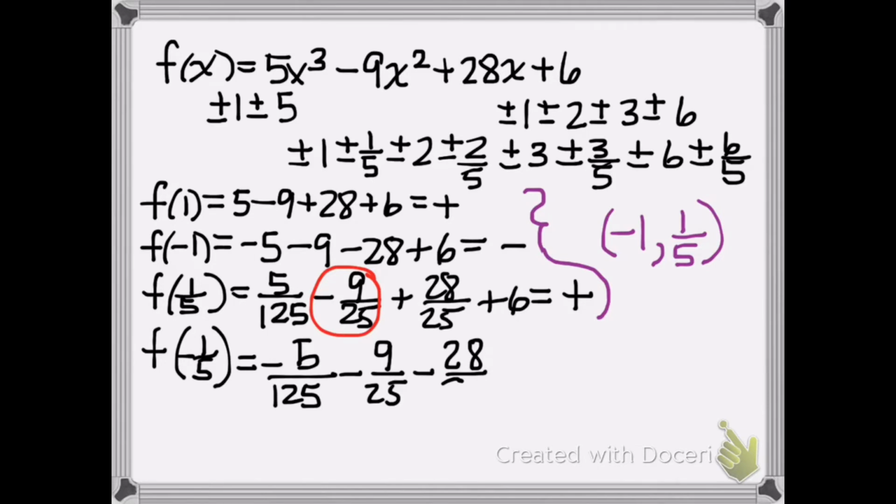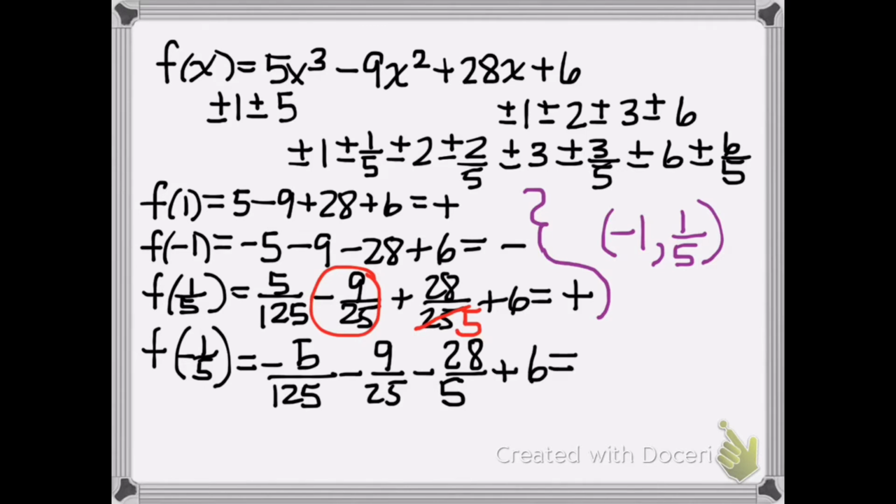I did that incorrectly up above, you may have seen already. So let's go ahead and just fix that. So this should have been a 5, which wouldn't change our analysis at all. And then continuing with f of negative 1/5, I'm going to go plus 6.